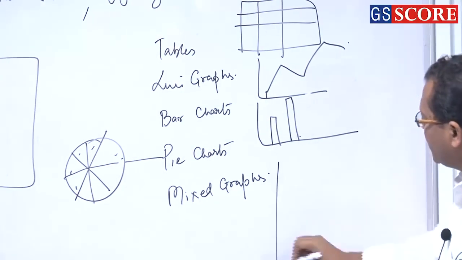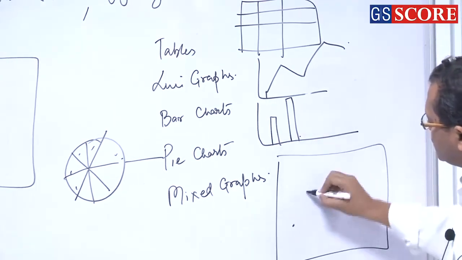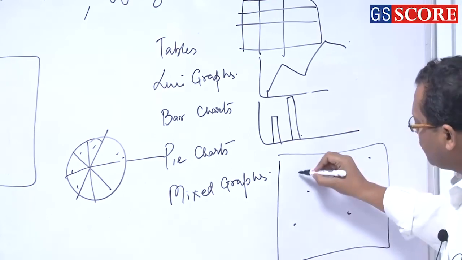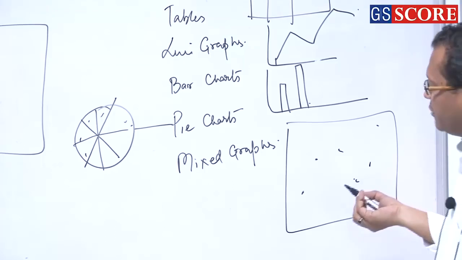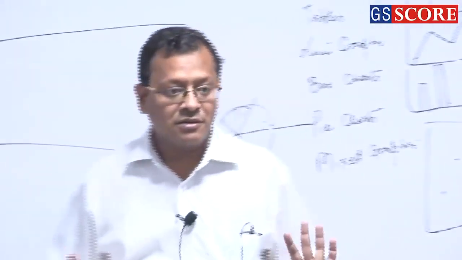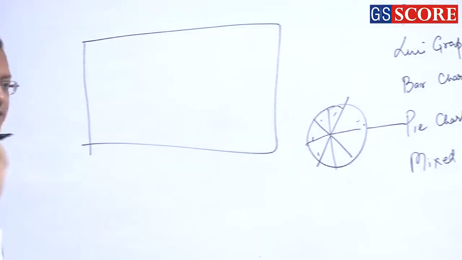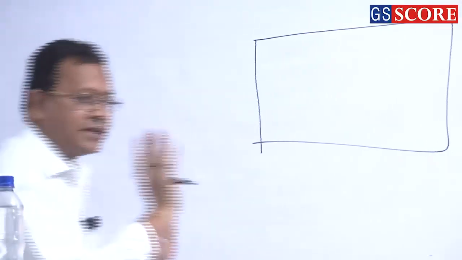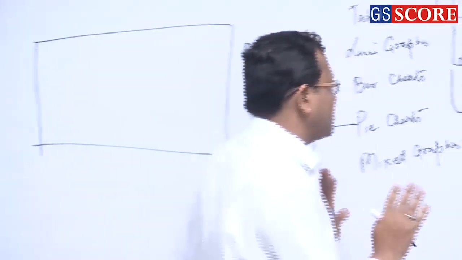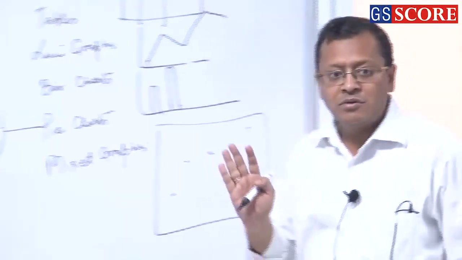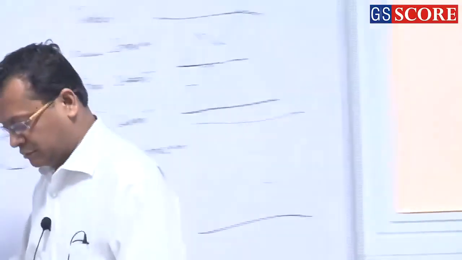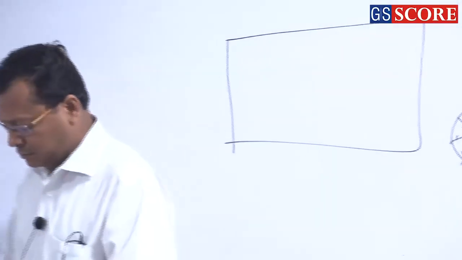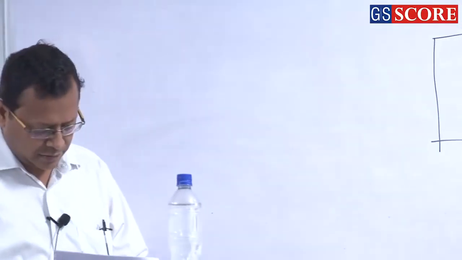Mixed graphs can be in any form. It may be given in the form of points as well. It may be in the form of a spider, where data juts out from a certain point and then you have to make the decision. The basic thing is you have to decide. Clear or not? Okay.